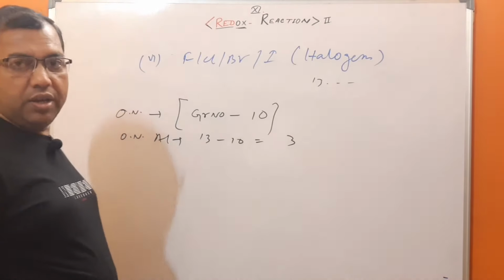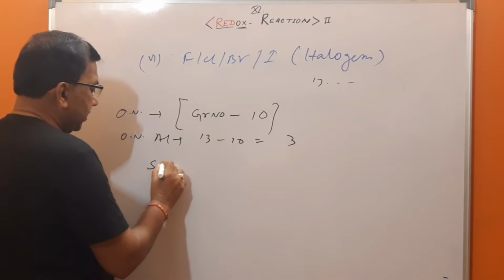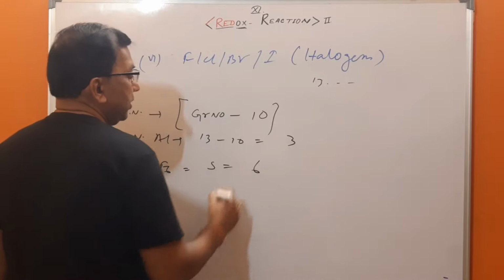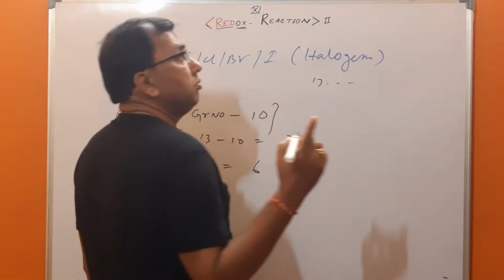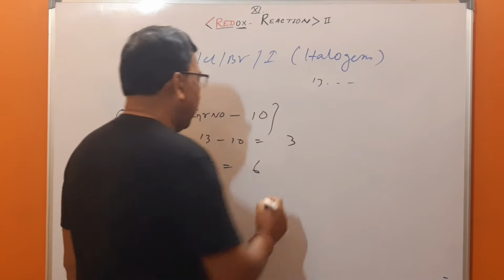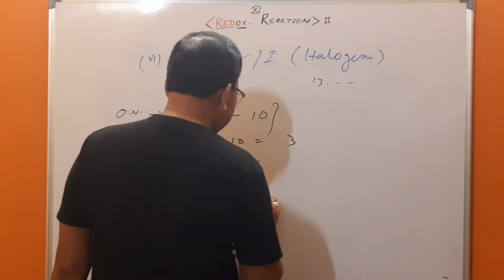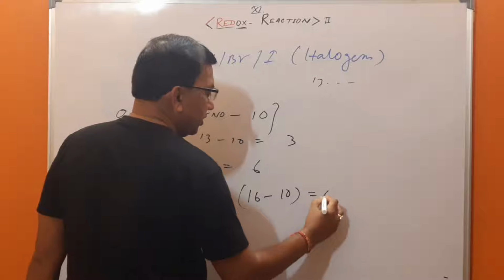Highest oxidation number of sulfur, in SF6. How much will sulfur be? 6. Sulfur is in group 16. Group number minus 10: 16 minus 10 is 6.